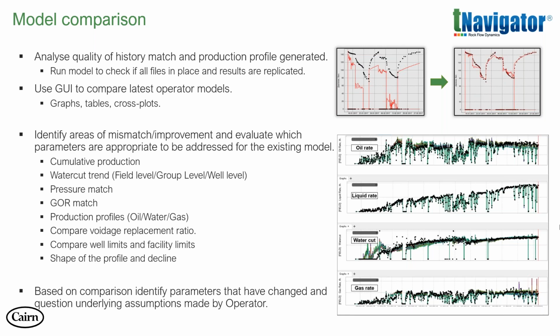The next step is basically to compare and contrast, and the graphical user interface that tNav had was quite useful for me in terms of the models that we hold. So ideally, you will have, well, I don't know if people have multiple models, but in terms of Cairn, it is 3 models, low, mid, and high, for the respective assets.